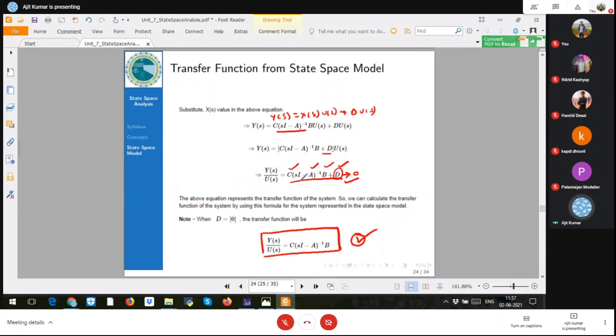It is C times (sI minus A) inverse times B in case your D is 0.